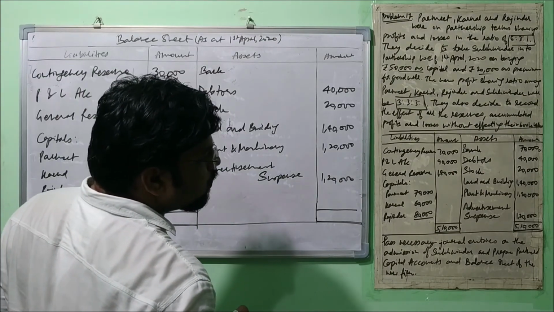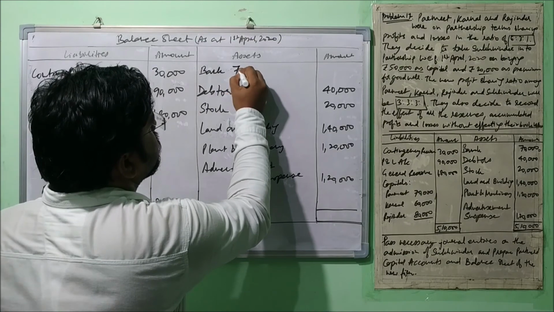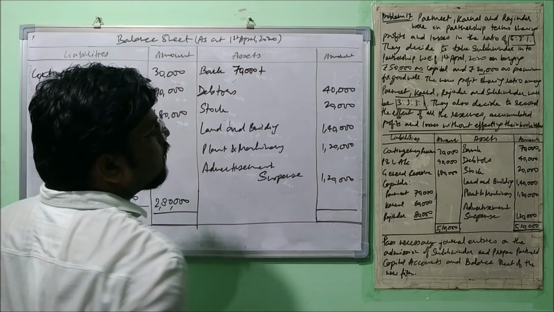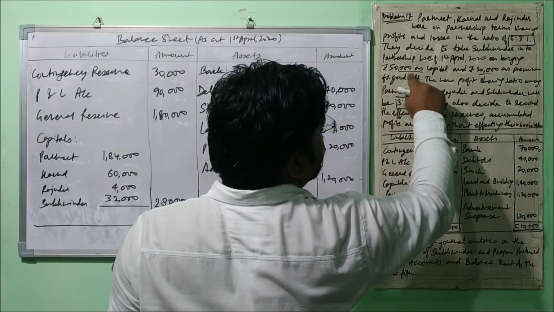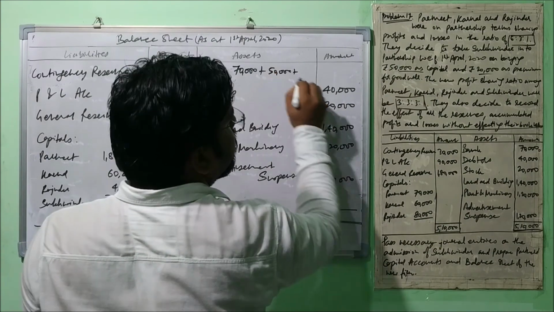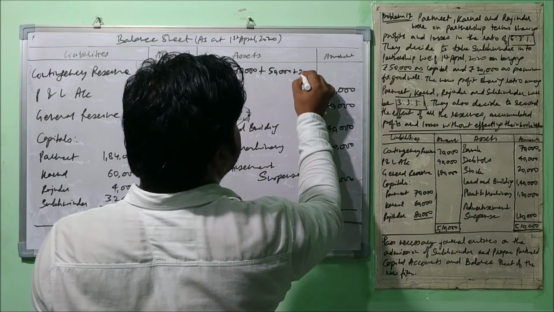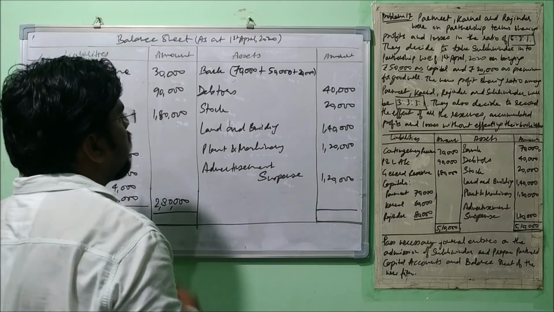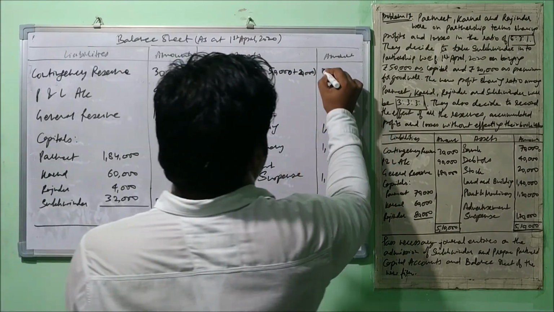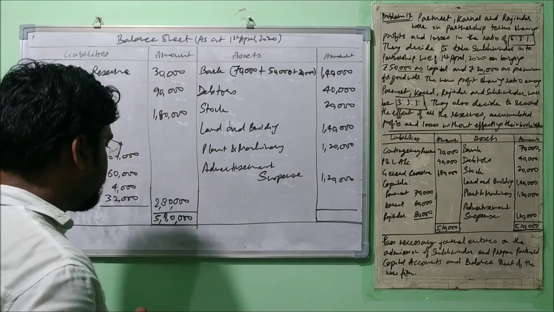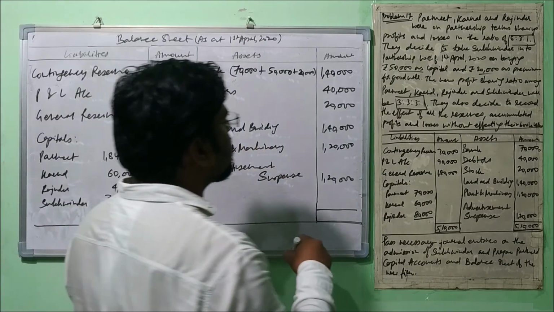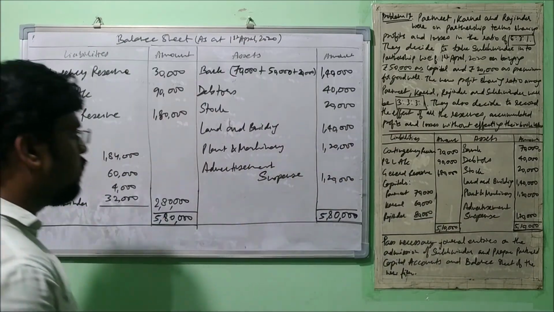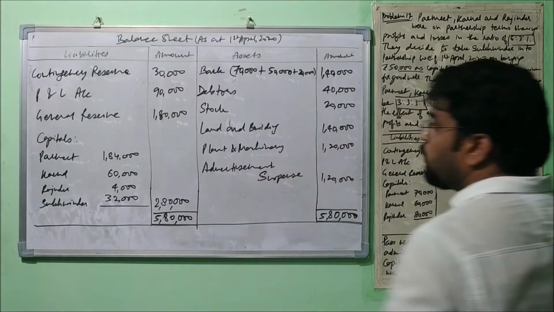See, how much amount we had in the beginning? 70,000. Right? See, Sukhwinder brought 50,000 as capital plus 20,000 we brought as premium for goodwill. So it will be added. Now let's see how much it comes out. 1,40,000. Now let's do the total. 5,80,000 this side. Now let's see this side as well. 5,80,000.